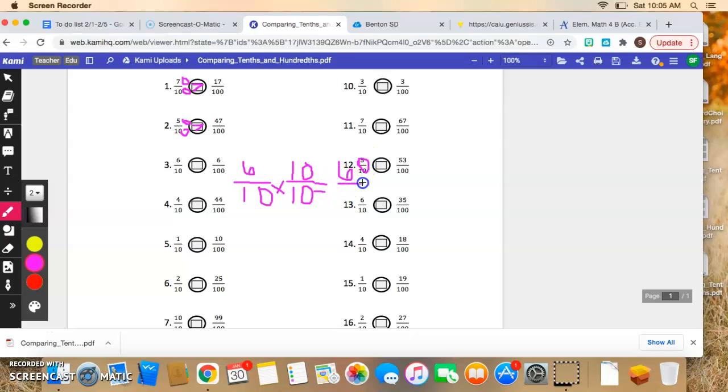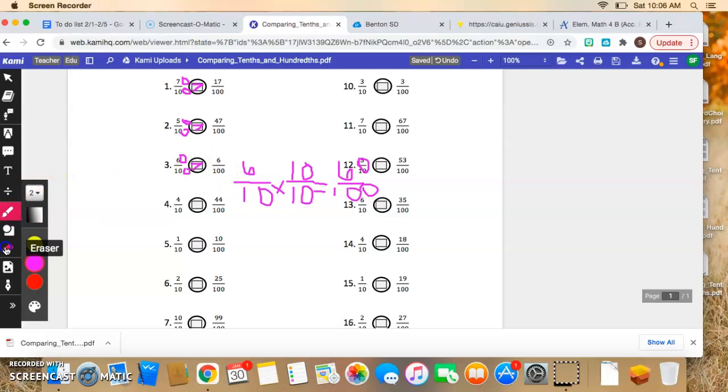And then 10 times 10 we know is 100. All right, so I'm going to add a 0 and a 6. So 60 hundredths and 6 hundredths. So 60 is greater than 6. So 60 hundredths is greater than 6 hundredths.